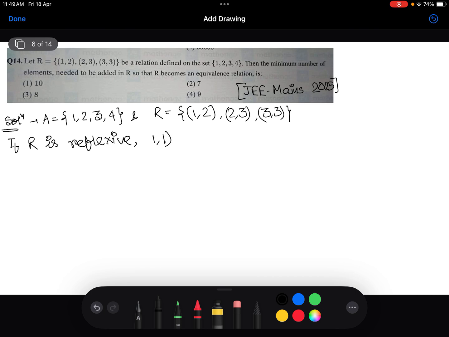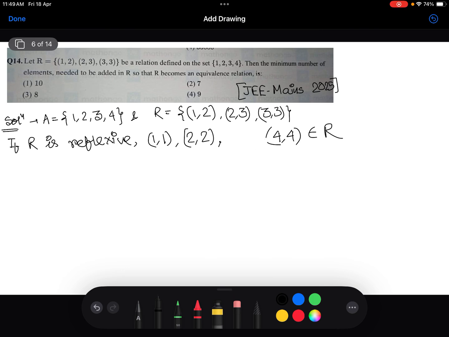Then (1, 1), (2, 2), (3, 3), (4, 4) need to be in R. Now we already have (3, 3) in R, so we don't need to count that. So for reflexivity we need to add these three elements.